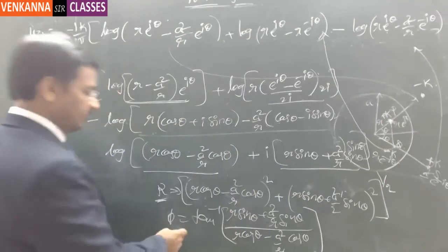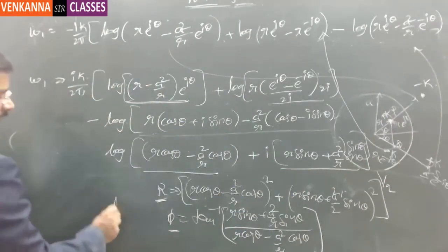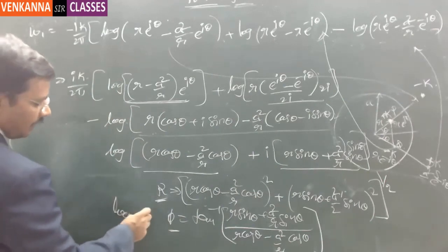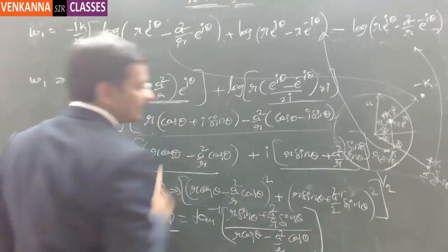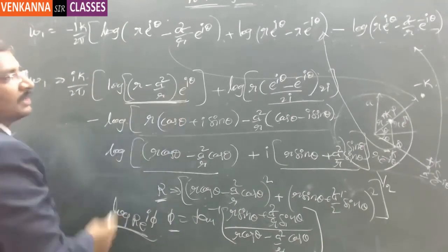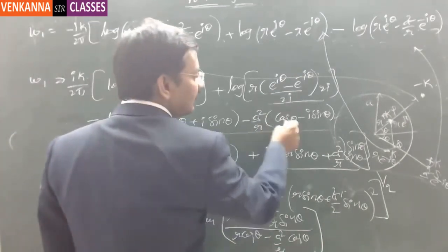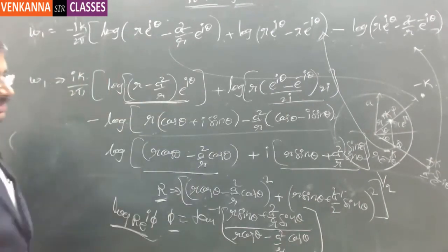So this is the phi value. Now this entire thing can be written as log of R e power i phi. Is this understood? Right? Samrin, I hope you understood. Now this is how you will write it. Now this part you have got the real part and imaginary part, and this part you have got the real part and imaginary part. So note down till this point, then I am going to simplify this.